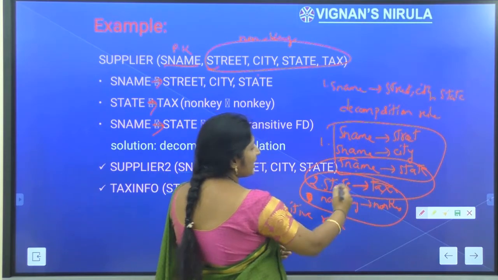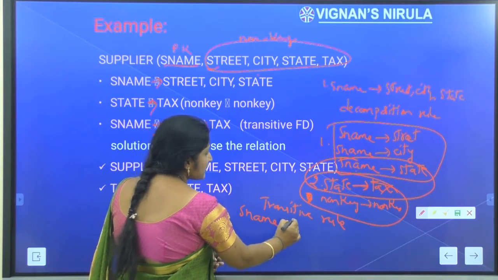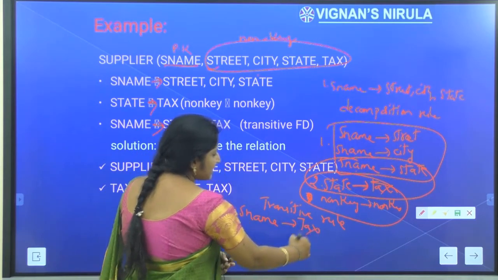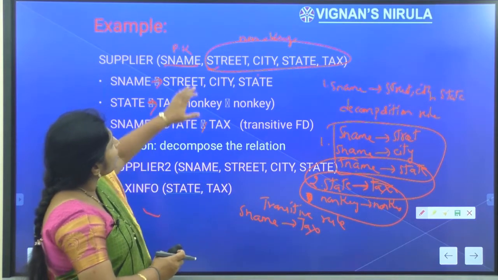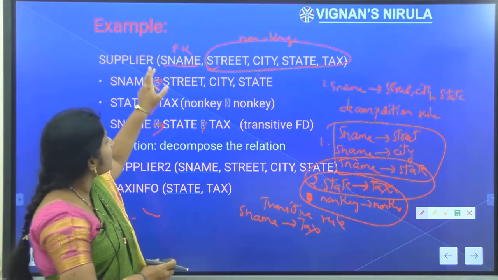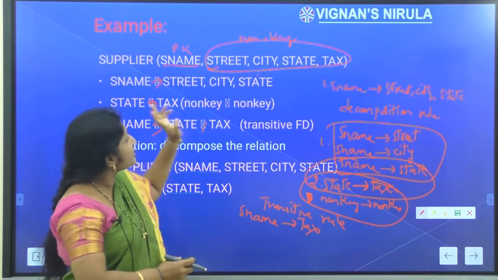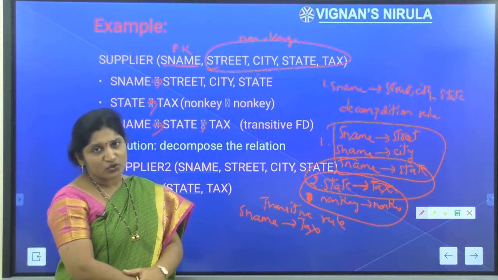X implies Y and Y implies Z gives X implies Z, so S name implies tax. According to the 3NF rule, every non-key should depend on the primary key. What are the FDs I should have? S name implies street, S name implies city, S name implies state, S name implies tax.